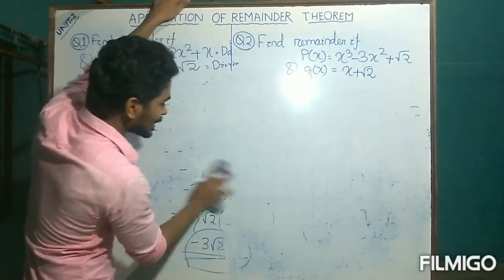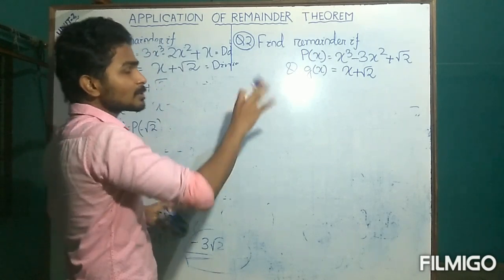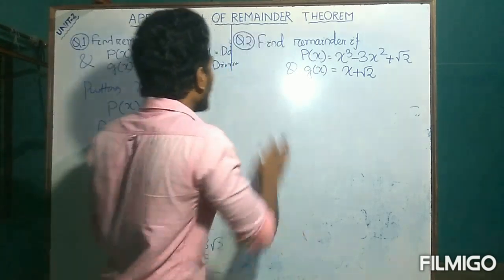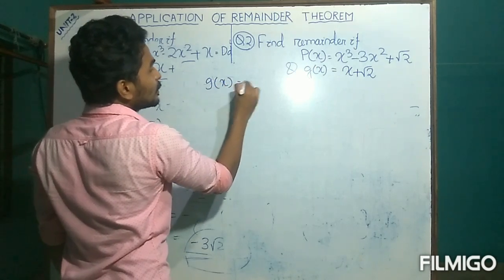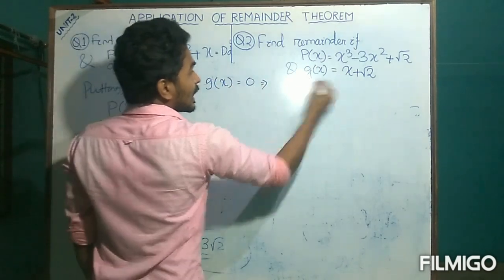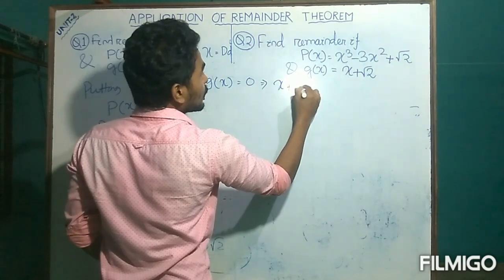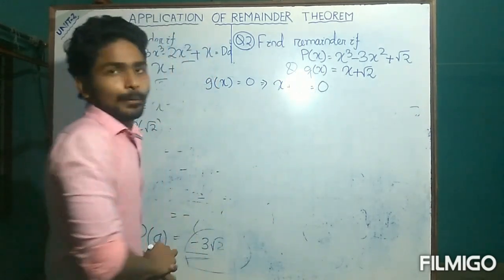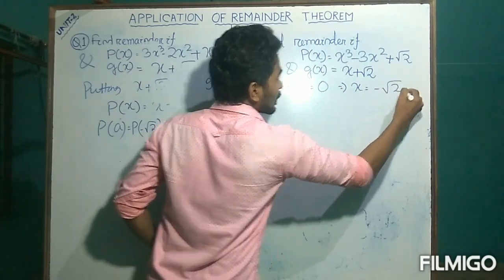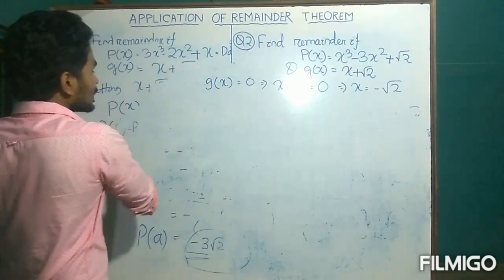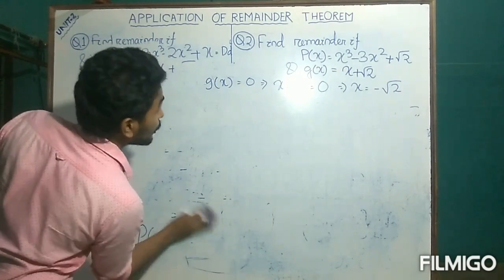The second question that we have, g of x is given as x plus root 2. So first we have to find the value of x. How? By simply putting g of x equal to 0. That means x plus root 2 is equal to 0. So here you get x is equal to minus root 2.